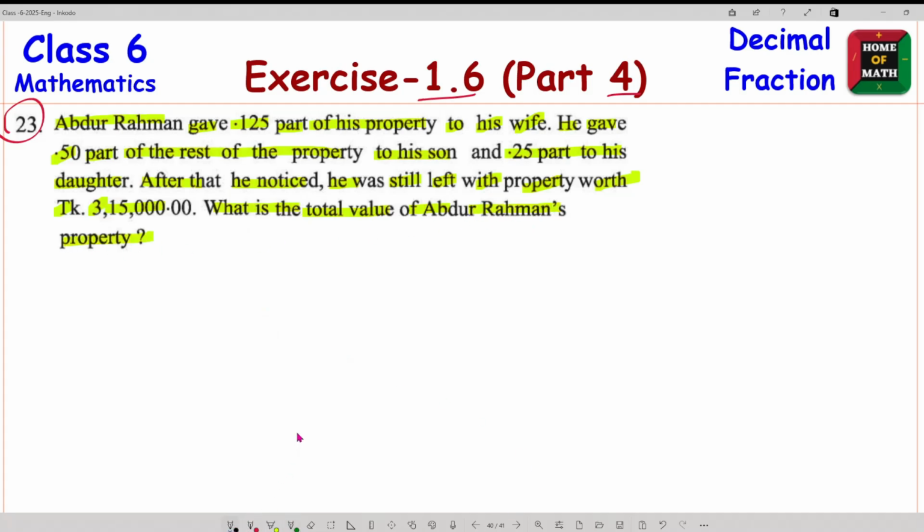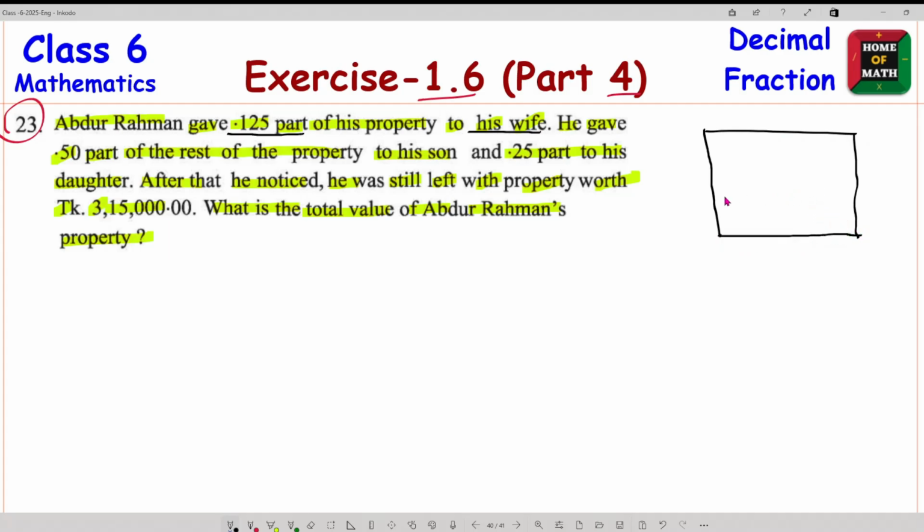So here is some confusing matter. This one is very simple, 0.125 part he gave to his wife. So let's think, this is Abdur Rahman's property.